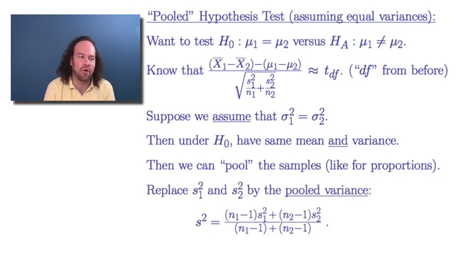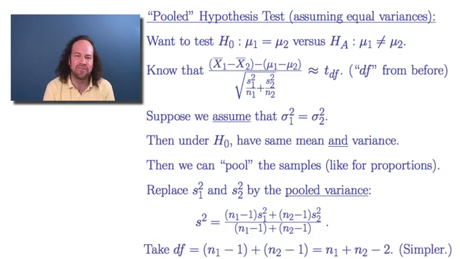The formula for it is this pooled variance, which is kind of a weighted average of the individual sample variances of the two samples. Indeed, if the sample sizes are the same, then it's just half of one plus half of the other. If they're different, then we count the one that's a bigger sample a little bit more. But anyway, we get this pooled estimate of the variance for the two samples put together.